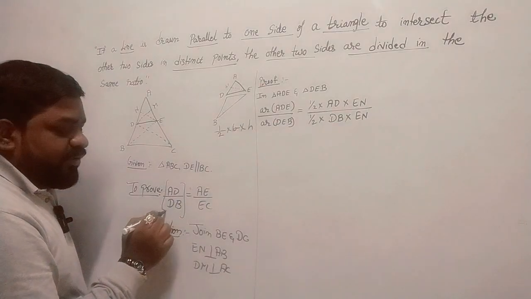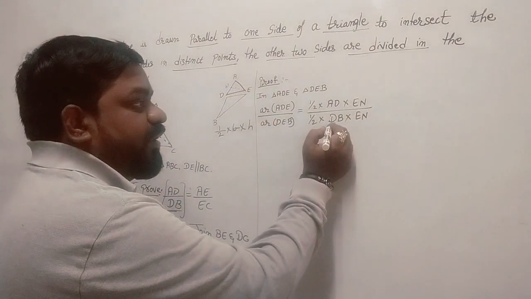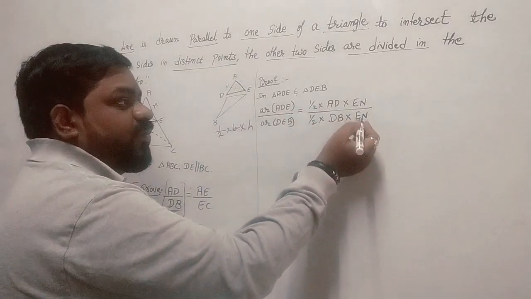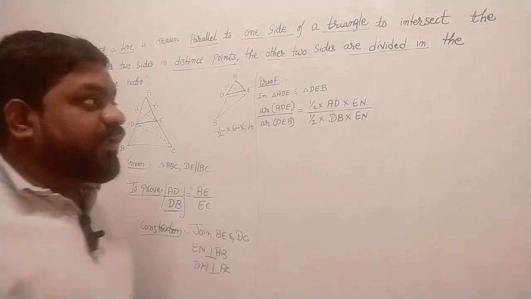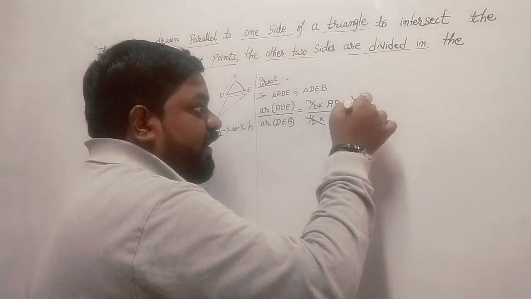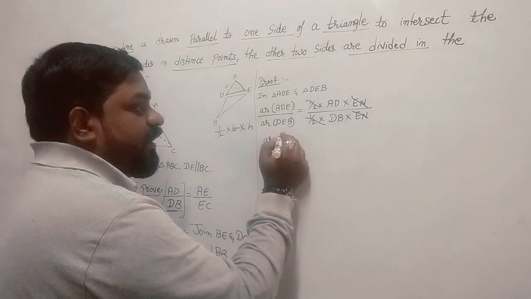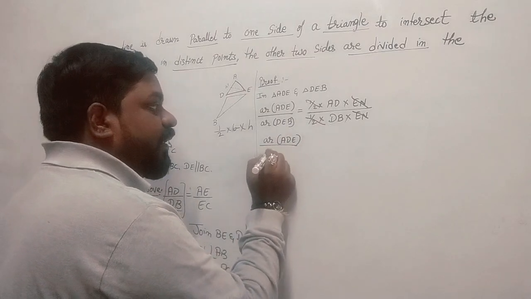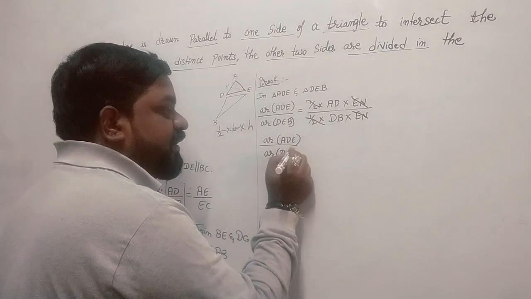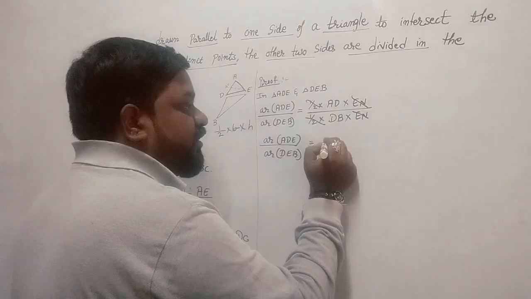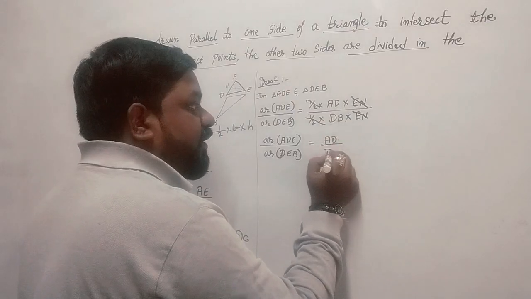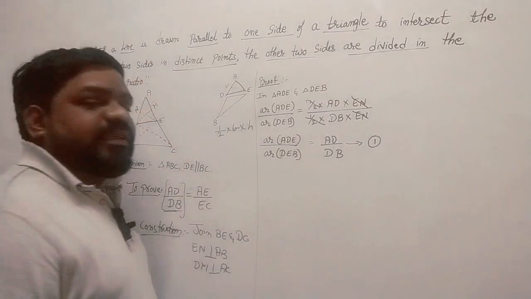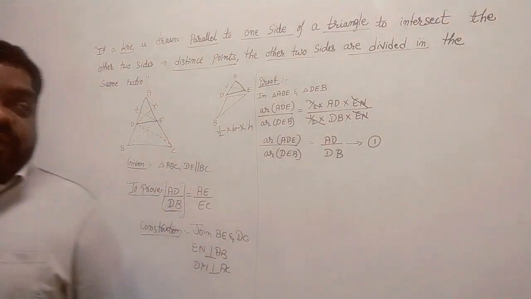AD by DB, so write this in the middle, and the height we have taken, EN, write in the numerator and denominator so that it gets cancelled. So area of triangle ADE by area of triangle DEB is equal to AD by DB, and write it as equation 1.